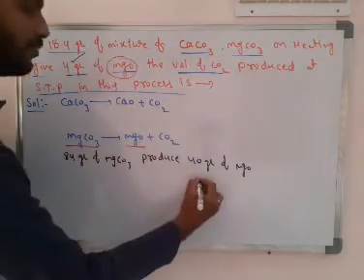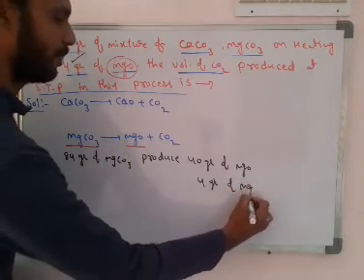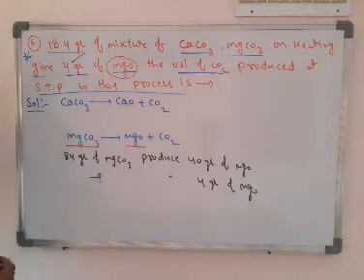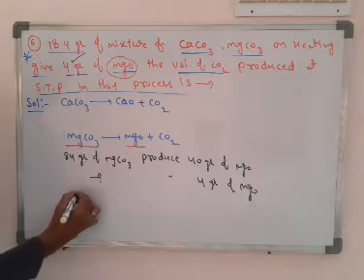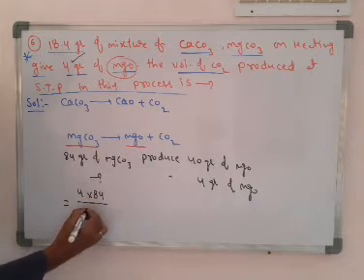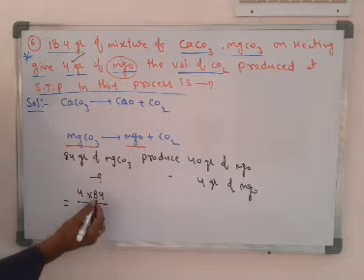Just 4 grams. 4 grams of MgO is produced by how much MgCO3? It is exactly divided by 10.